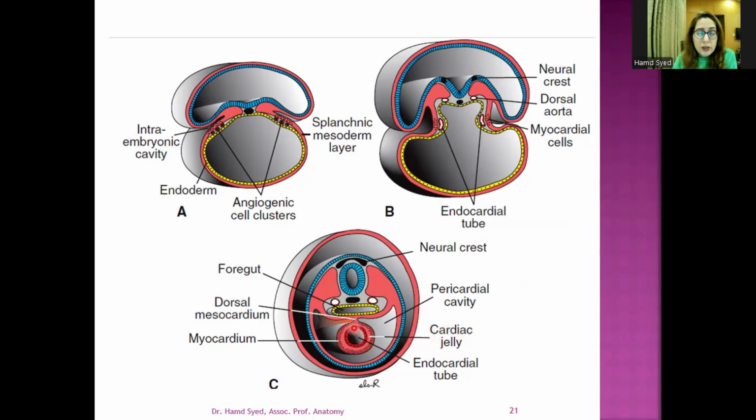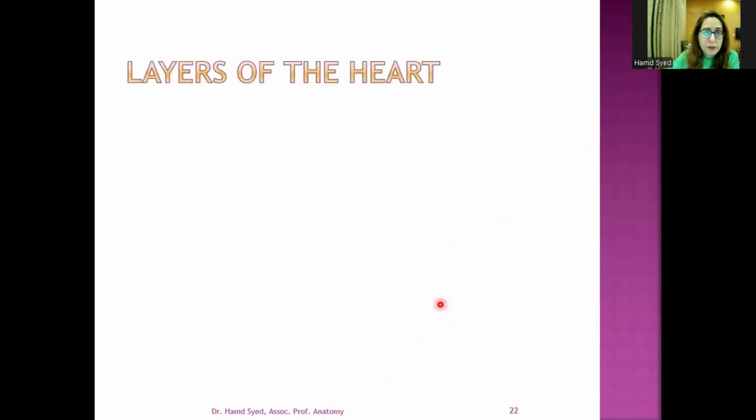Also, remember, initially this heart tube is attached to the body wall by this fold of tissue, which is known as the dorsal mesocardium. This is also going to disintegrate in later stages. Also, this heart tube is suspended in this cavity, the part of the intraembryonic cavity surrounding it, which is known as the pericardial cavity.